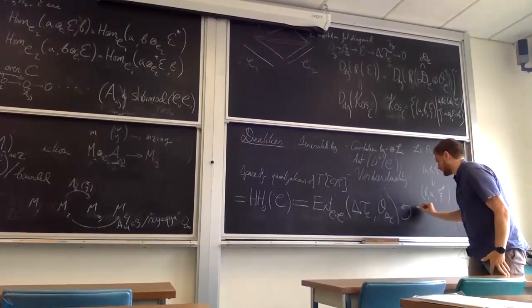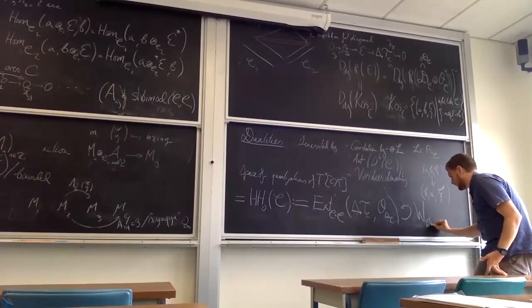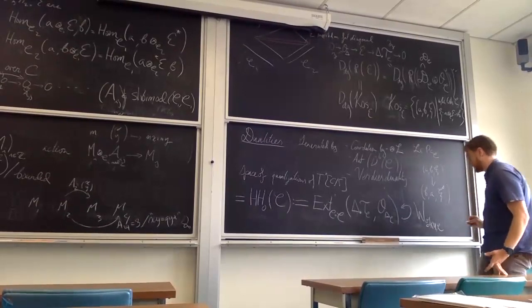This admits the action of a reflection group, which I'm going to call the Weil group of a Kac-Moody group associated to our stacky curve.